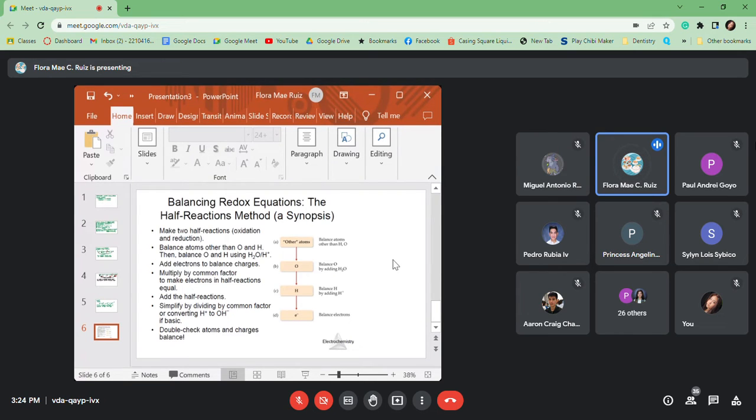Next is first balance atoms other than oxygen and hydrogen. If we balance oxygen, we use H2O, or we add water to the equation. And if we balance hydrogen, we add H+ to the equation. Next, add electrons to balance the charges. And next, multiply by the common factor so that we could make the electrons in half reactions equal.